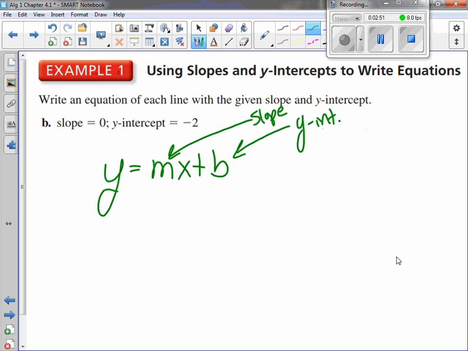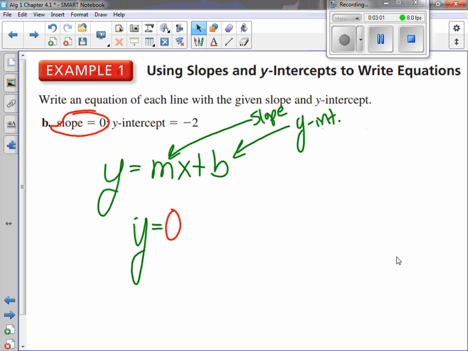Now, again, they told us the slope, and the slope for this equation is 0. So we can plug in 0 for m. 0x plus -2, because -2 is the value of b, the y-intercept.